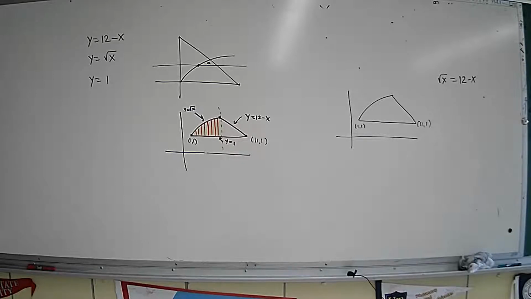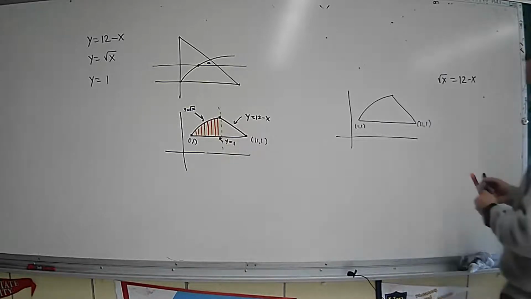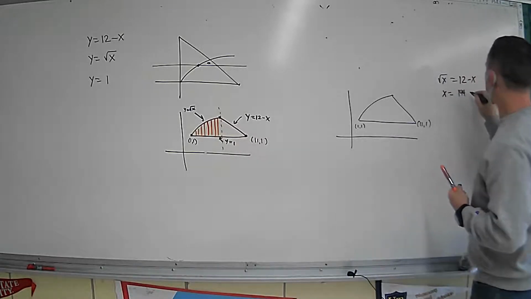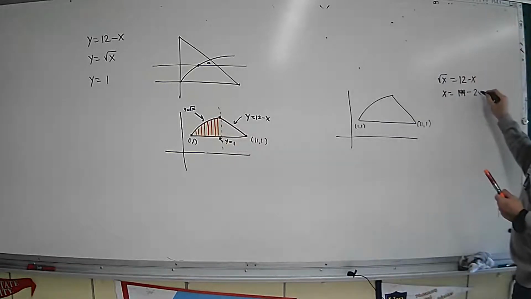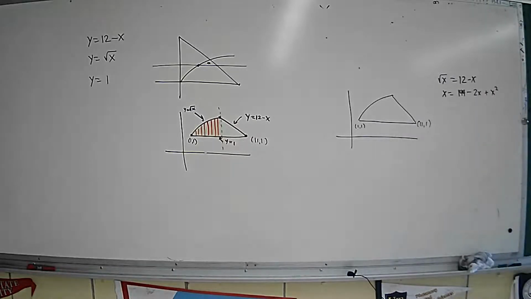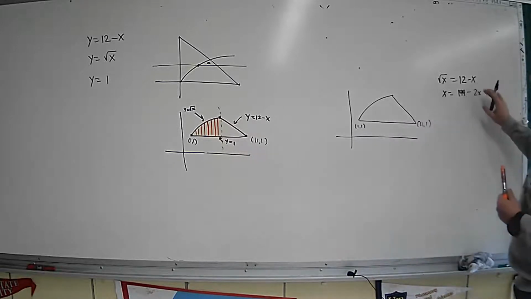You guys know how to solve that algebraically? How would you solve that equation algebraically? Square both sides? I square that, right? No, that's not right. That shouldn't be a 2x.